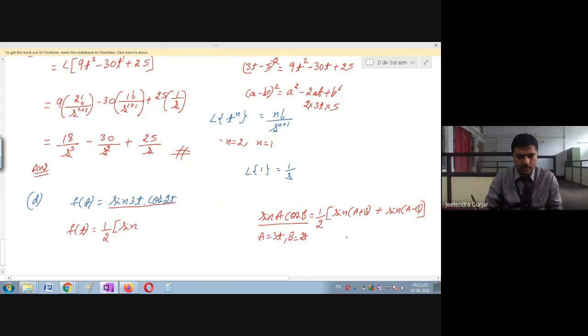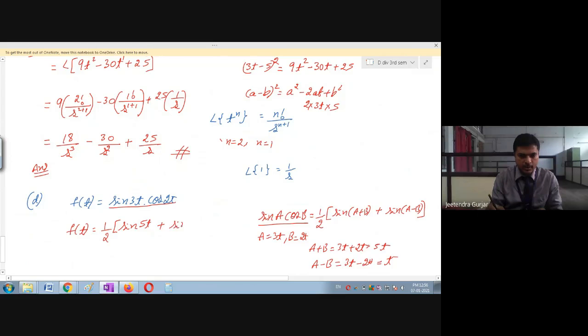Yes, you can see here it is a plus b they have given. So this is 3t plus 2t will become 5t. So therefore I will substitute here 5t plus. Next they have given a minus b, sine a minus b. You can see 3t minus 2t. One can easily write this is t.